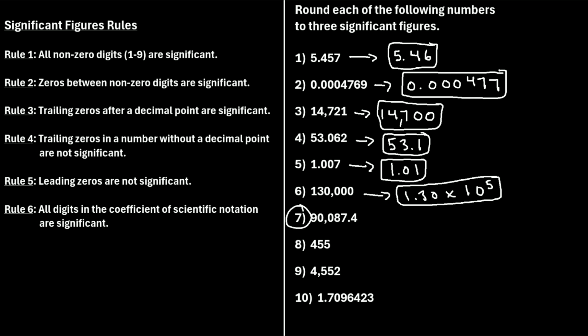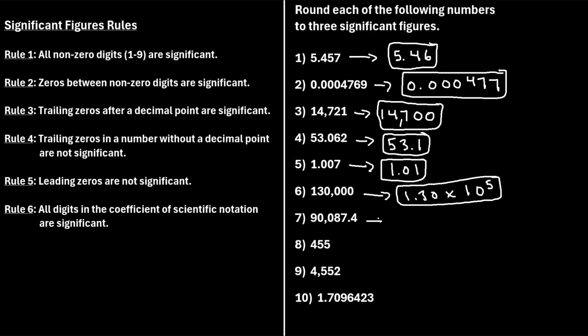All right, let's check out example number 7 now. Let's round this number to 3 significant figures. So again, let's identify the first 3 significant figures. That would be the 9, and then we have both of these zeros right here that are wedged between 2 non-zero digits. So both of these zeros are significant. So let's underline both of them. Now the third significant figure is this 0 right here. So we'll look at the number that comes after it, the 8, and that tells us to round this 0 up to a 1.